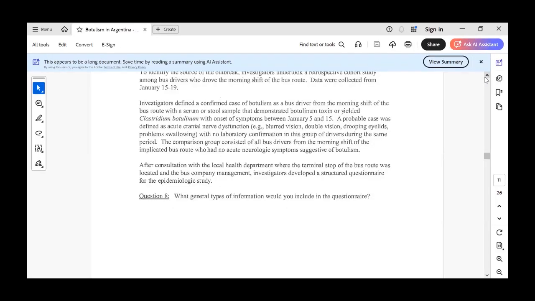Second, you have to link not only the questionnaire, but you may want to update information, as well as link it with your lab, because we're going to get objective evidence of botulism. So identifiers, then demographics.